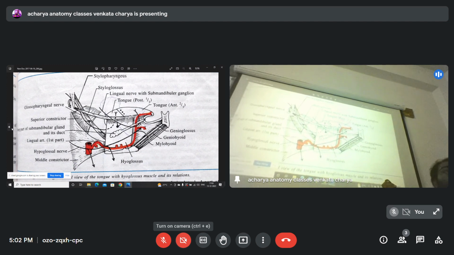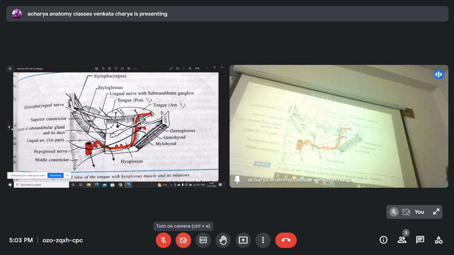In the extrinsic muscles, the first muscle is the genioglossus. Next, the hyoglossus is the second muscle. The third muscle is the styloglossus.